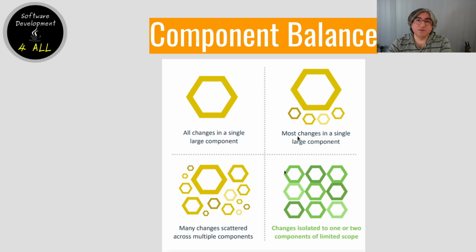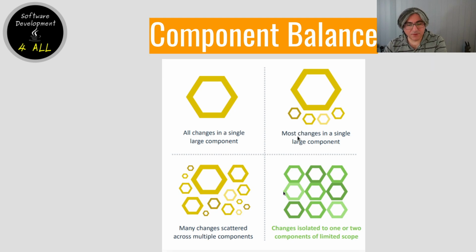The desirable situation is to distribute the responsibilities and the changes over components of limited scope. So when I'm changing this one, then only these two are changed. I'm saying it wrong.